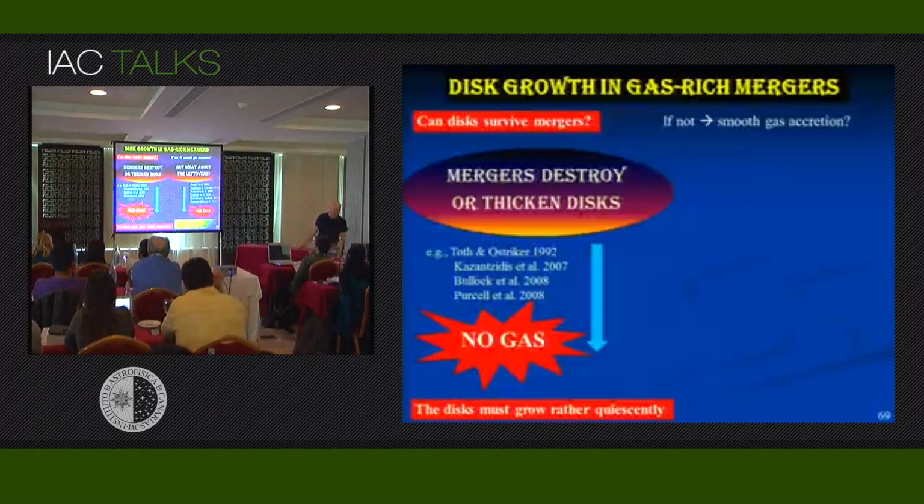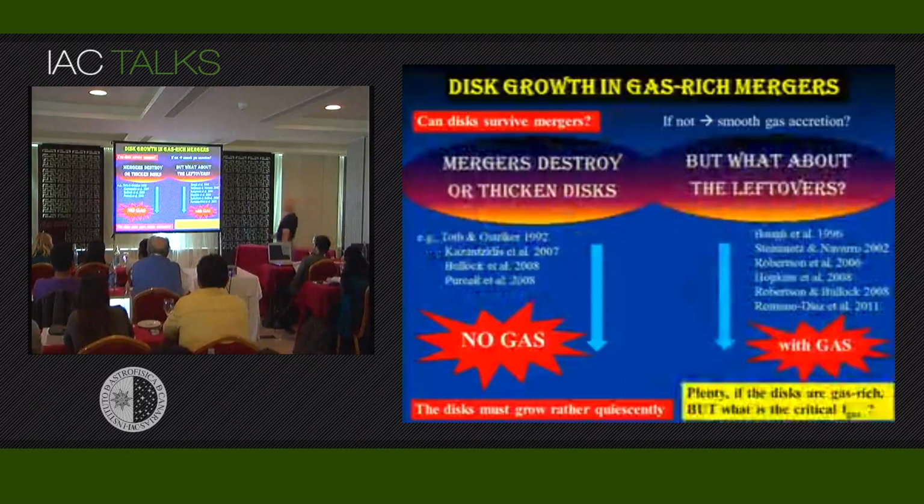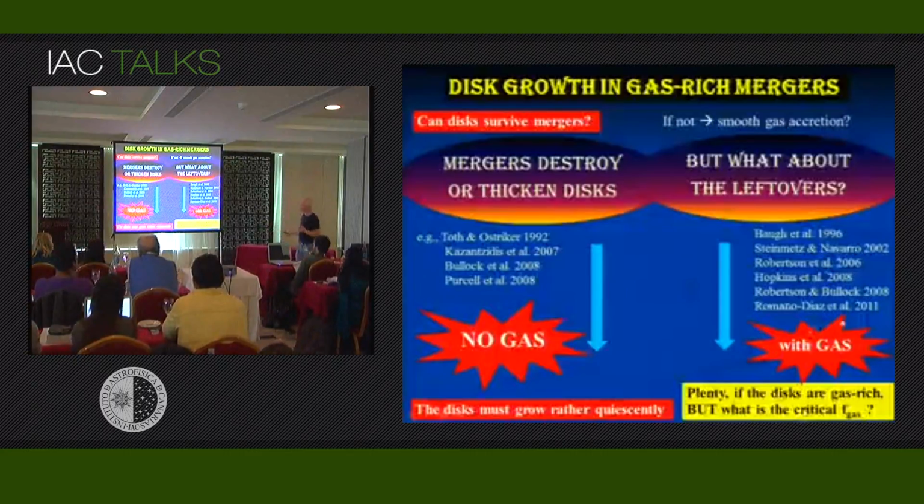However, these early mergers and early claims have been talking about models without gas. So this group claims that disks must grow rather quiescently. As you understand, of course, if one claims A, somebody will claim B.